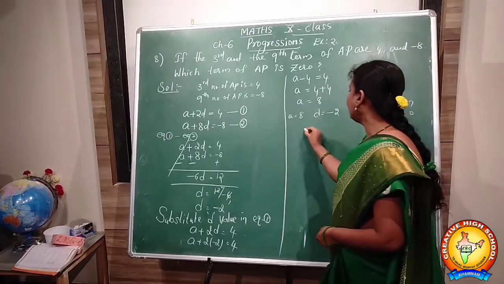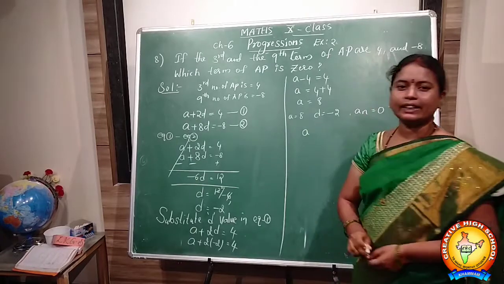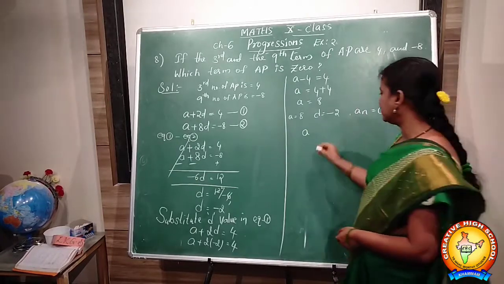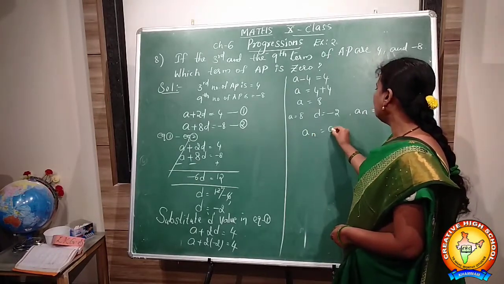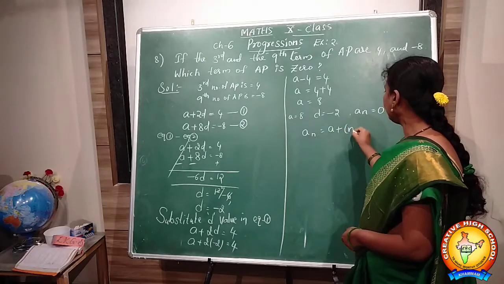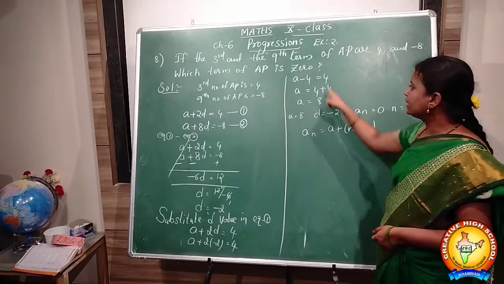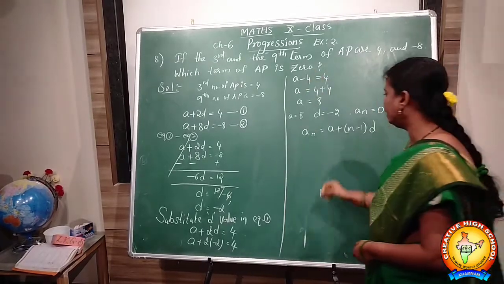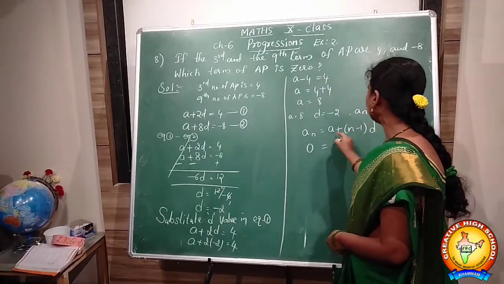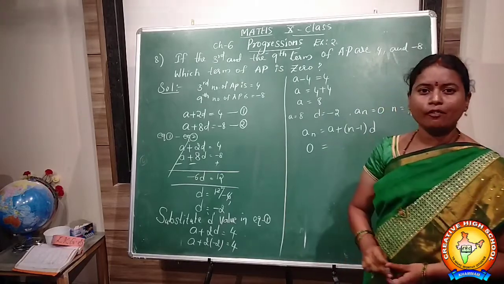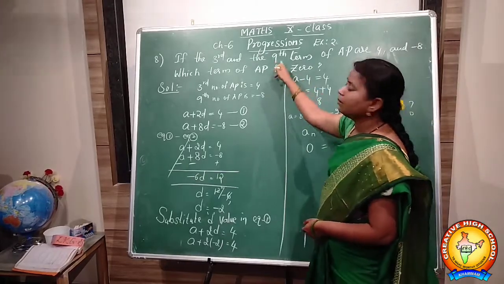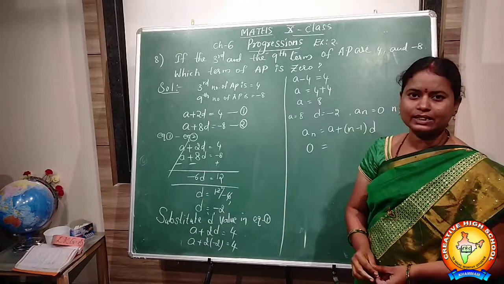So we have the formula to find the nth term in the AP series. An is equal to A plus n minus 1 into D. An is already given in the question, that is 0, and A and D values we found by using the third term and ninth term of the AP series.